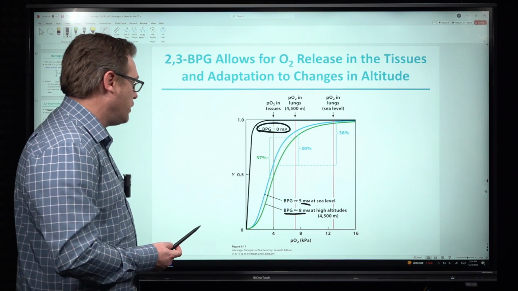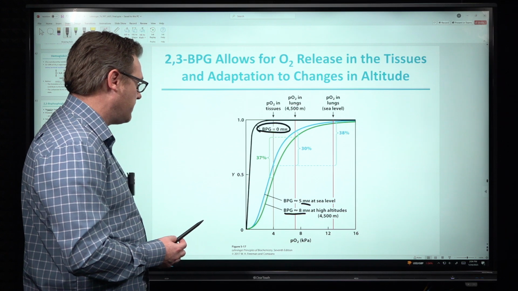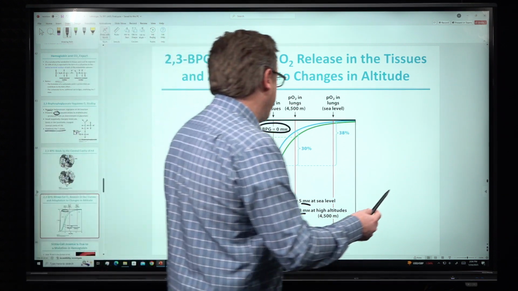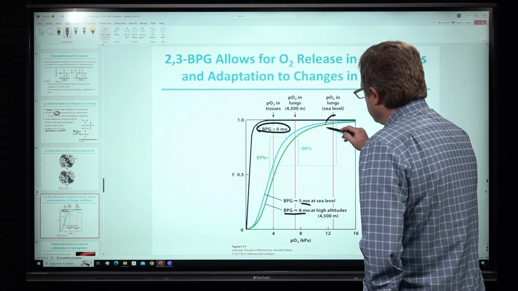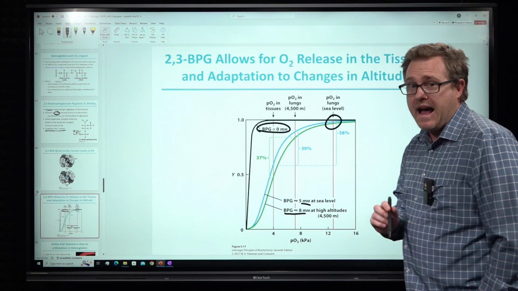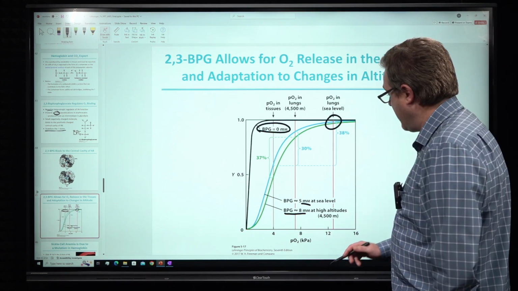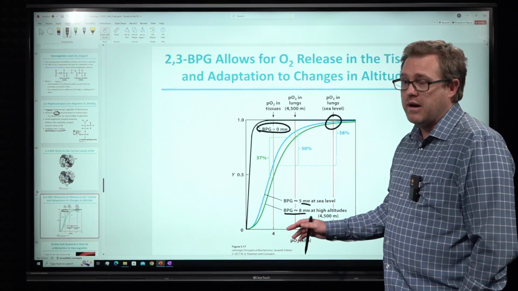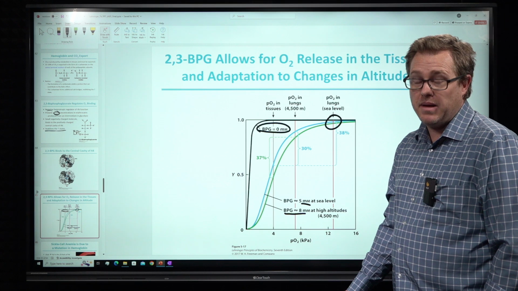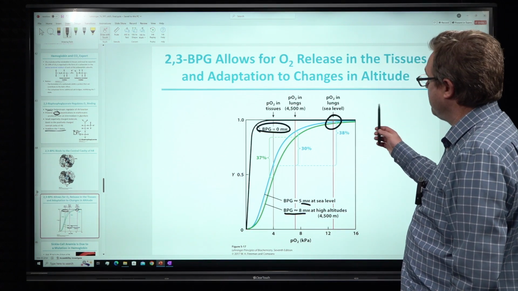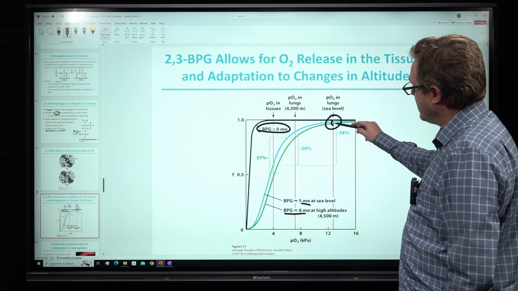So let's take a look at this curve here. Let's focus at this point right here. At that point on the curve, it doesn't matter if you're at 5 millimolar or 8 millimolar of BPG, because you see, look at that.